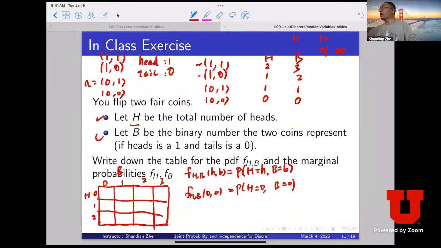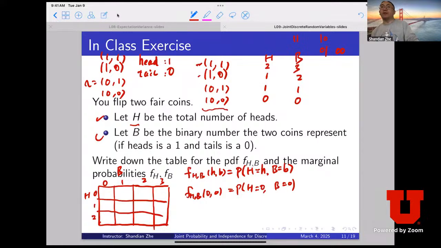Yeah, there's only one outcome which can be included in this joint event. There's no other outcome which can also make H is 0 and also B is 0, right? So there's only one outcome.